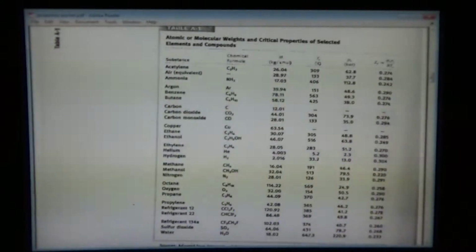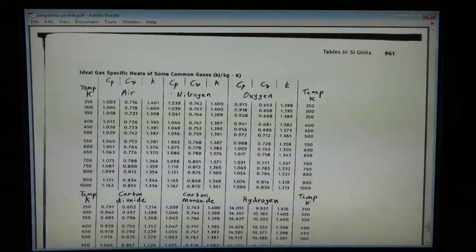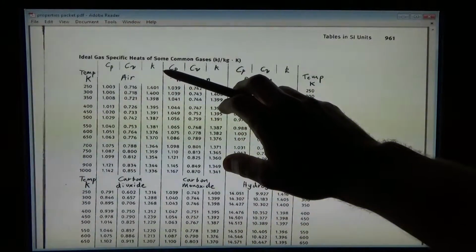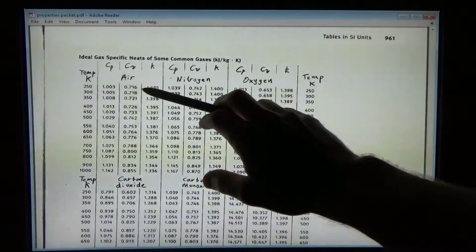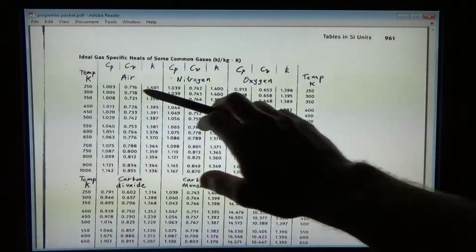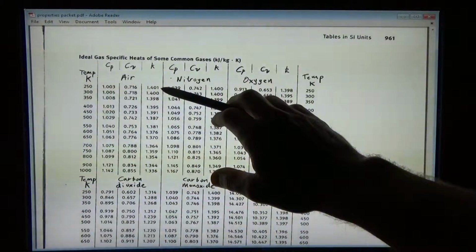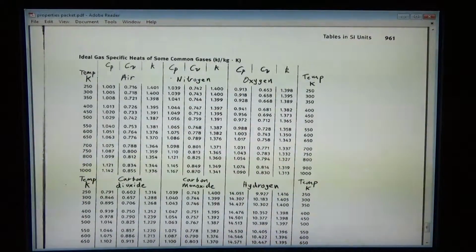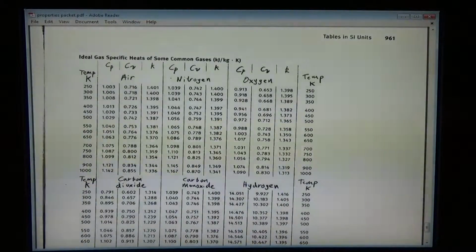So T1 is 295, and we're looking up K. We can go to the specific heat table for an ideal gas, and then we have air as our substance here. So here's the column for K of air, and again it's a function of temperature. So we see at 250 K for air is 1.401. At 300 it is 1.400. So we're going to have to interpolate to get the actual value of K that we're going to be using.